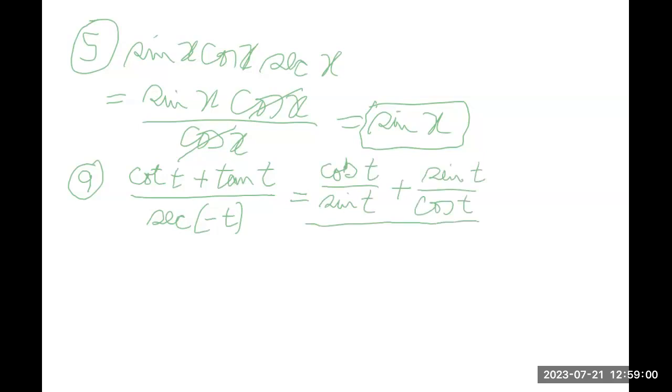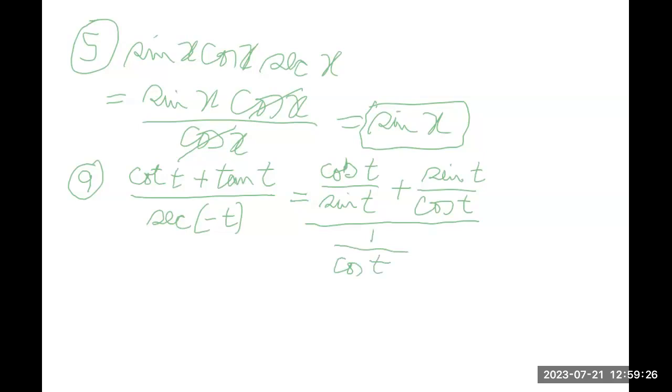One is write secant as the reciprocal of cosine. Now it would be cosine of negative t, but since cosine is an even function, cosine of negative t is the same as cosine of t. So I can simply drop that negative sign.